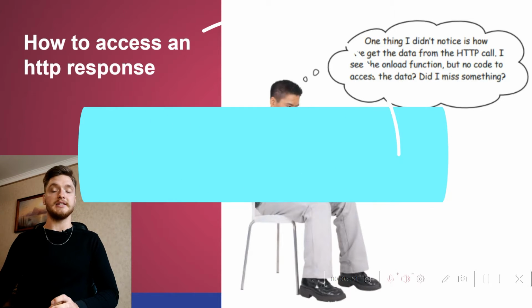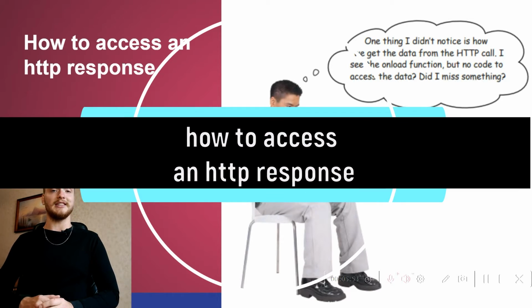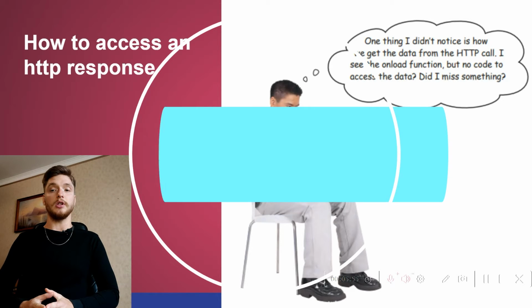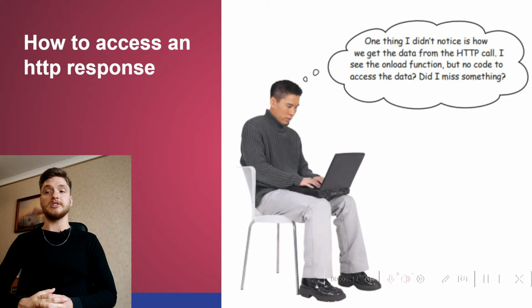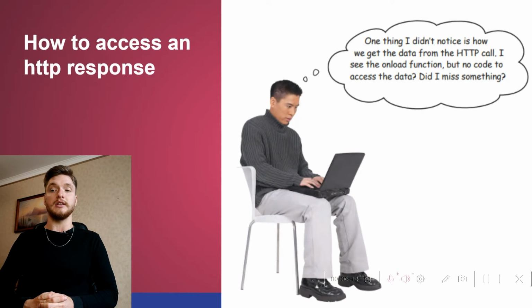One thing I didn't notice is how we get the data from the HTTP call. I see the download function, but no code to access the data. Did I miss something? How do we access an HTTP response? We just hadn't quite got there yet. The data from the HTTP GET retrieval can be found in the responseText property of the request object, so we can write code like this.